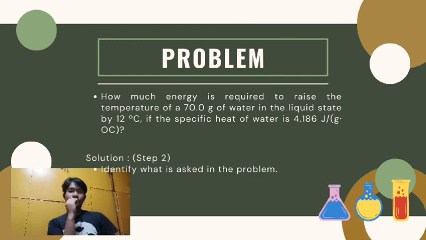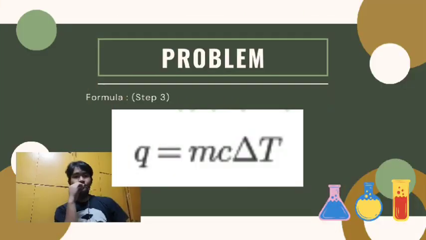Step 2. Identify what is asked in the problem. The problem asks for the amount of energy in increasing the temperature of a substance without undergoing phase changes. Step 3.